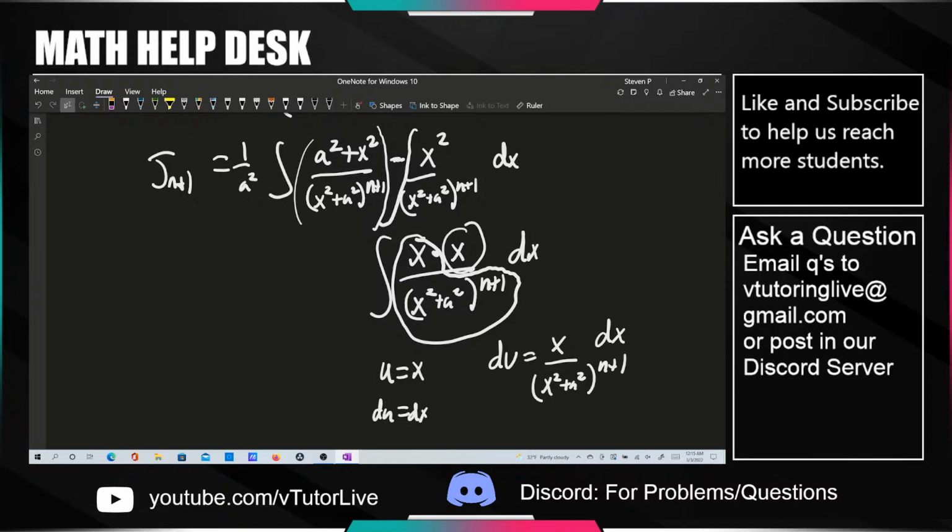Actually, I don't even know. I didn't solve this one all the way out myself. But if there are some Jn plus 1s on the right-hand side, just isolate them out. If not, then you're probably golden. I actually don't know that off the top of my head.